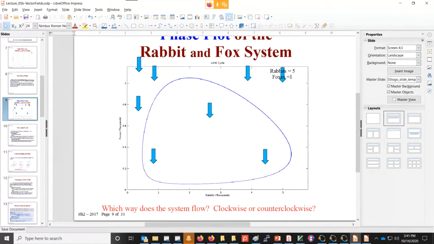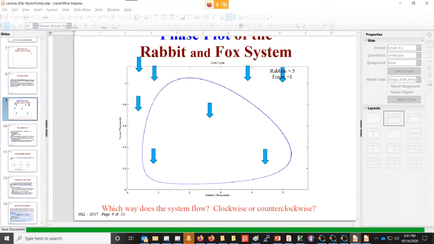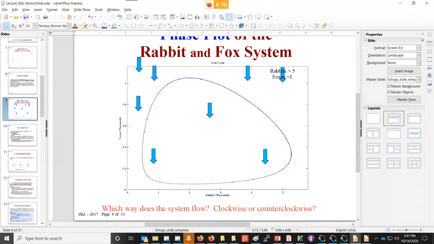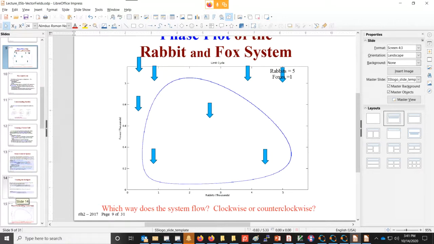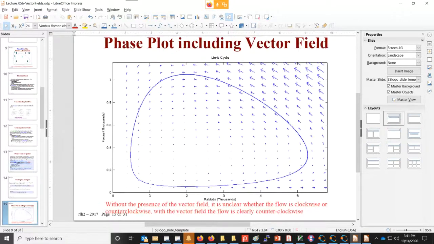So what we need to do is come up with a way to get all these points in here. We have to take all these points as a grid and get all kinds of points here. And then we can plot what's called a vector field. And so now you see these arrows. This is the vector field, and it's showing you the direction of flow, and it's also showing you the strength.